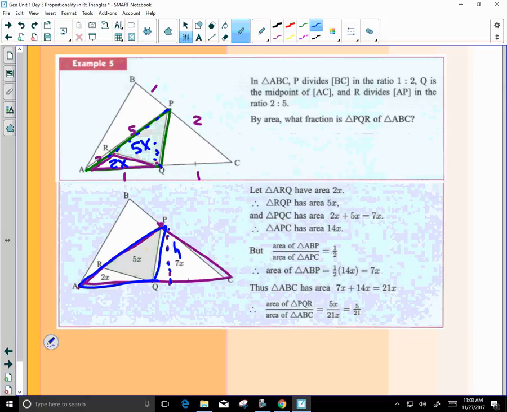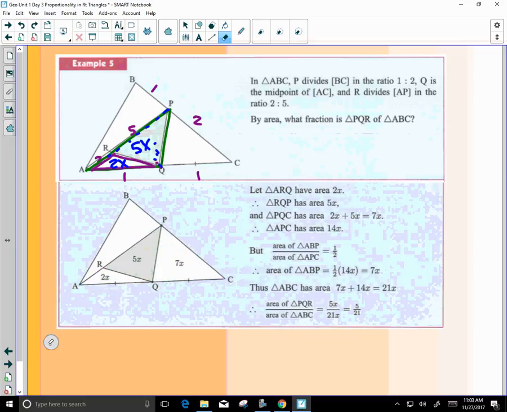What does this one have to be if these are 1 to 1? If the bases are 1 to 1, what do the areas have to be? 1 to 1. So 2x plus 5x is going to give you 7x. This 7x has to balance this 7x. How are you doing? I told you the formulas are easy, but the application of it is a little tough.